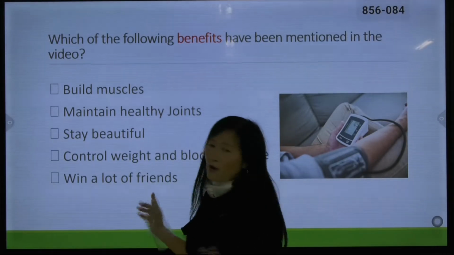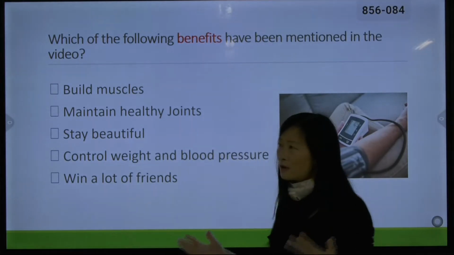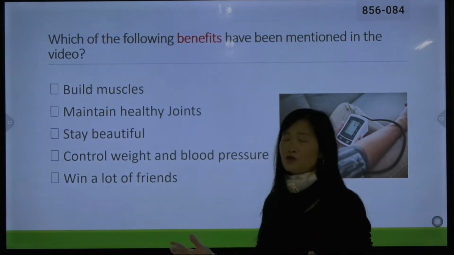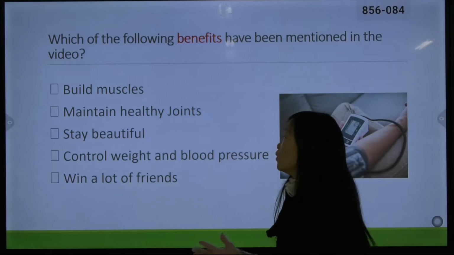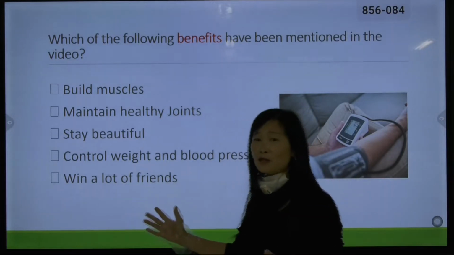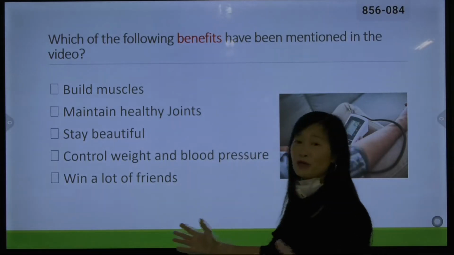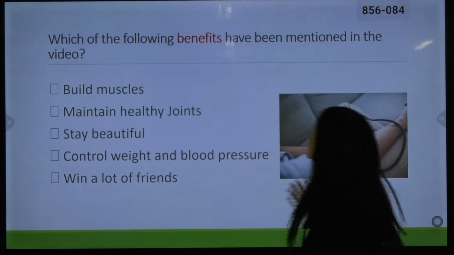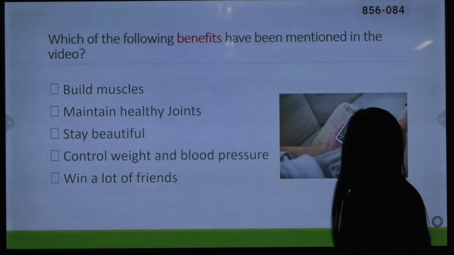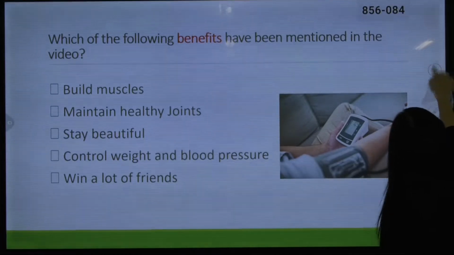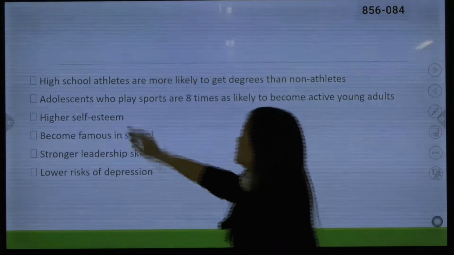And win a lot of friends, yes, of course. If you always join all those activities at school, you can win a lot of friends. Many people will like to be friends with you and to play with you, right? And also some others.